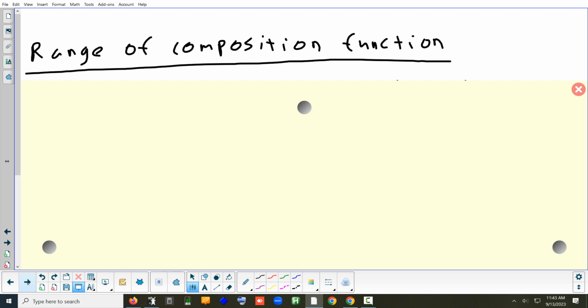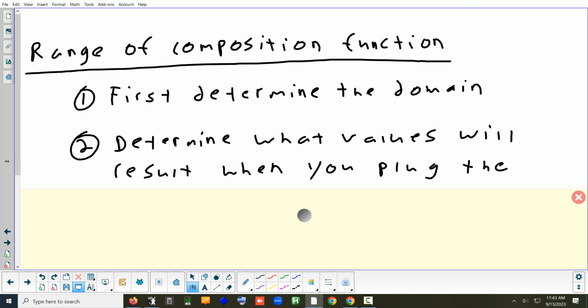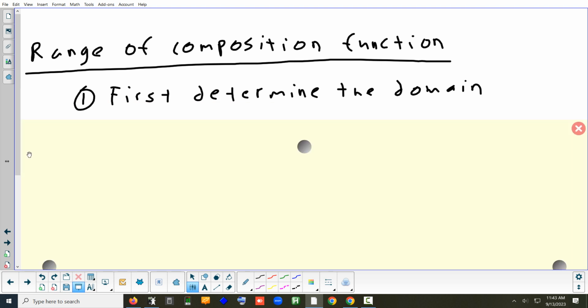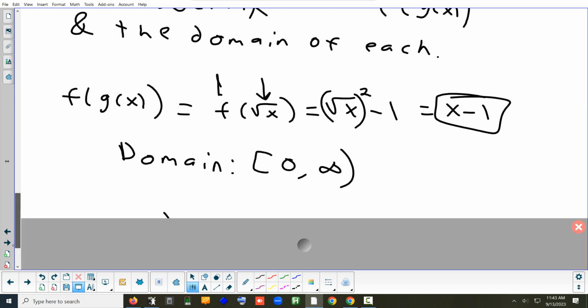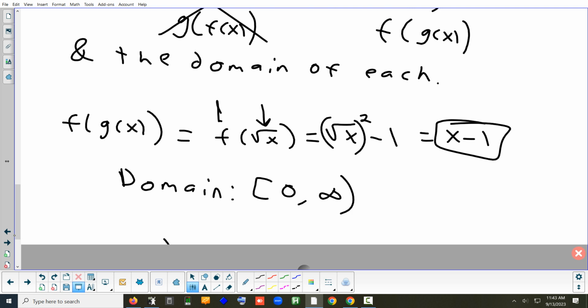Now for range, well, I use the graphing calculator. That's the easiest way to see the range. But what you're really doing when you try to find the range of a function is you're thinking about, okay, I know the domain is every number 0 and up. If I plug numbers that are 0 and up in right here, how high and low will my answers go? That's the range.